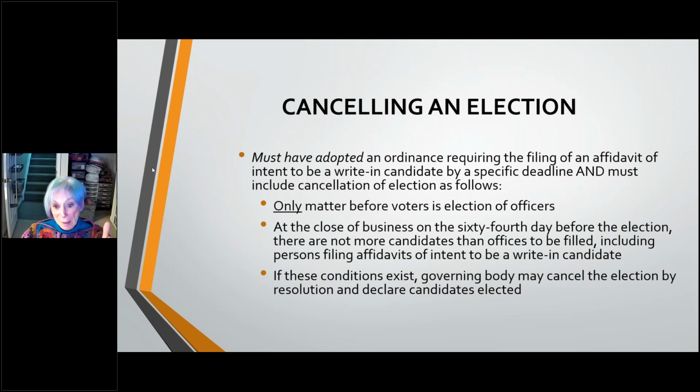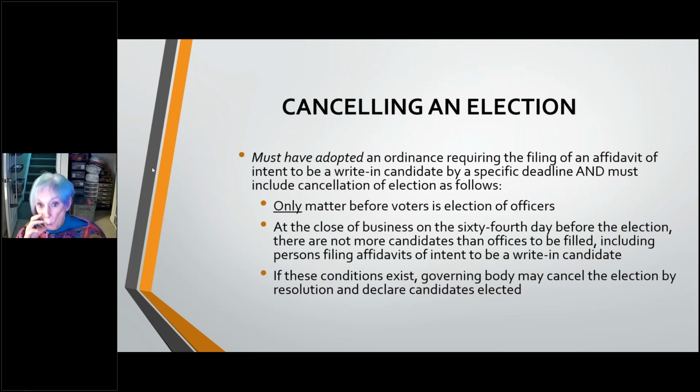And the second bullet is what I just said, that it includes your write-in candidates, and they can cancel the election by resolution, and they can declare the candidates elected.